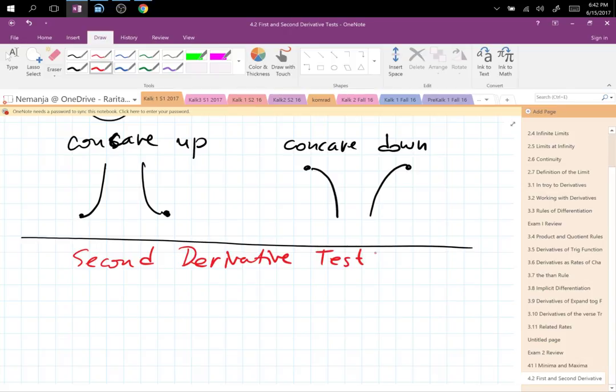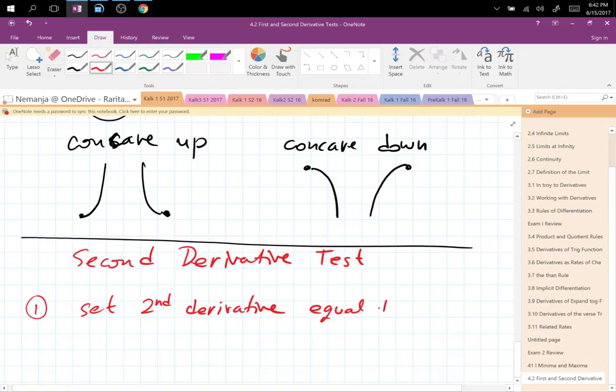All of the steps are the same except you're using the second derivative. So, number 1, set the second derivative equal to 0. Which gives us inflection points.